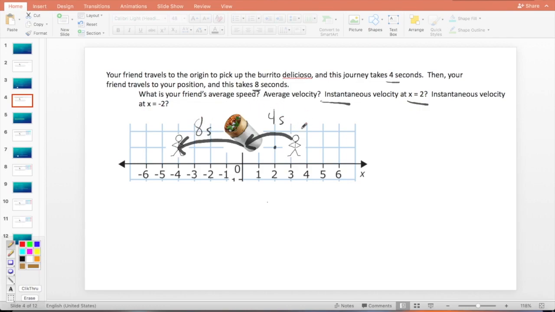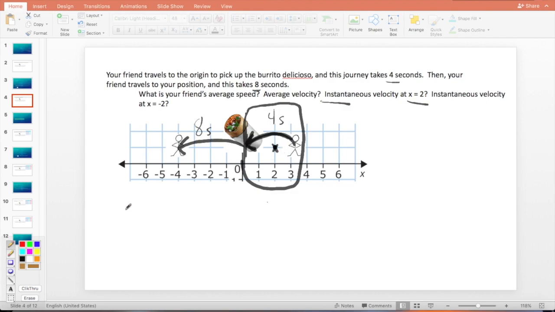We found the average velocity by looking at the overall trip, but now I'm interested in this part of the journey, at this instance, when this person is right here at that moment in time. What is their velocity? We're going to look just at this portion of the trip. If we can find the velocity there, I think we can say that we found the velocity at that instant in time.